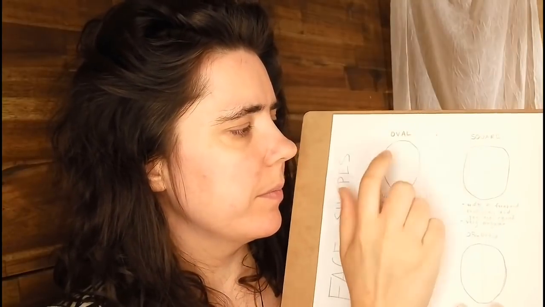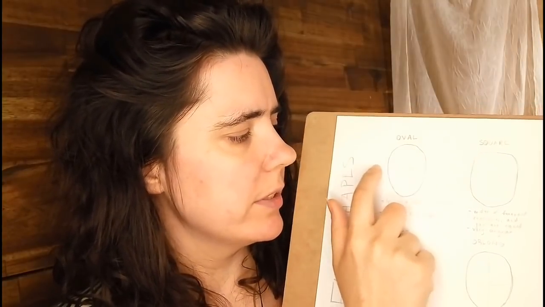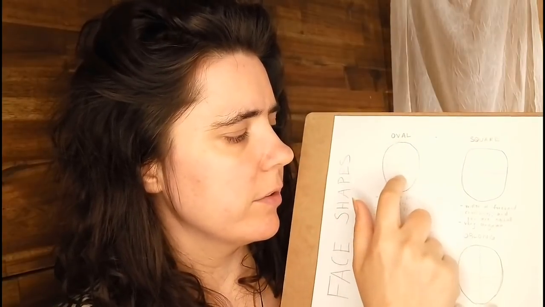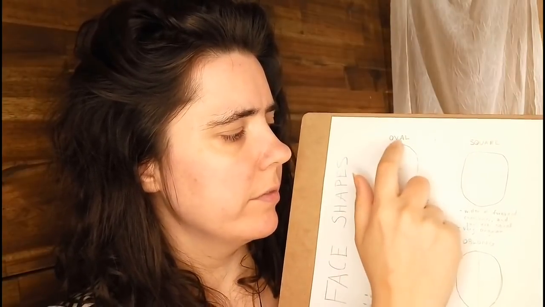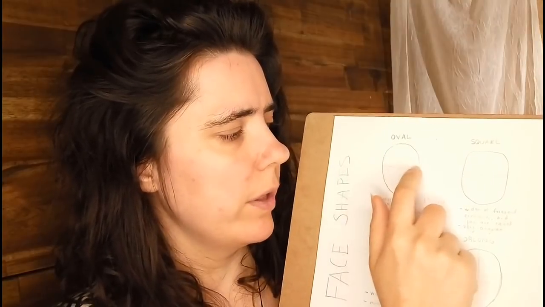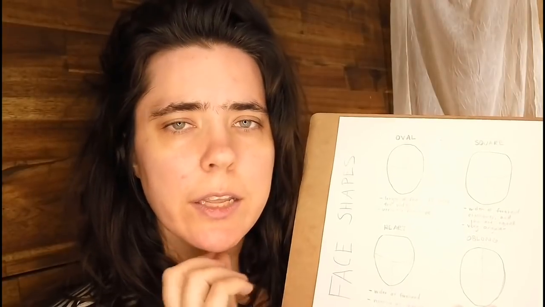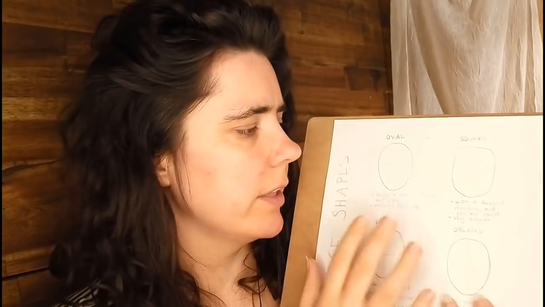Ovals, the predominant characteristic is the width here, your length is going to be about 1.5 times that width. And generally you have a moderate chin, nothing uber pointy or anything like that.